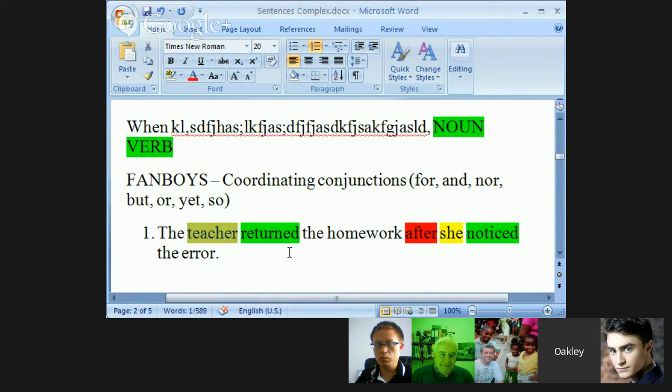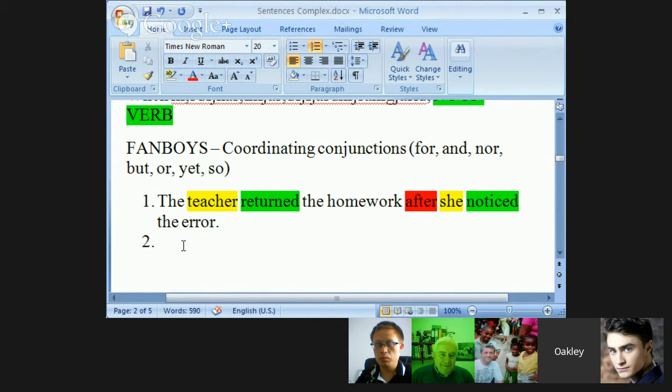Okay, all right. Does it change the meaning at all? Never mind the highlighting. The teacher returned the homework after she noticed the error. Or if I give you a second sentence: she noticed the error before she returned the homework.